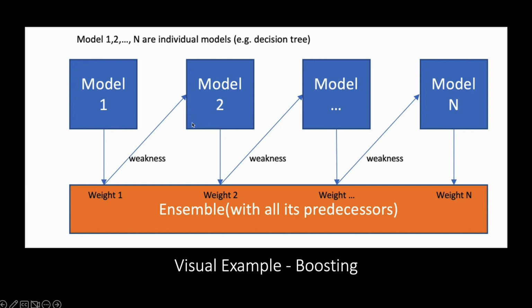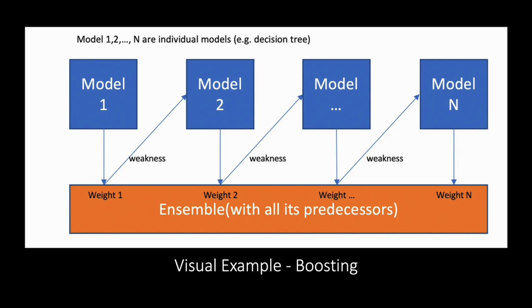Similarly for model 2, and we'll add all of these. So how will the equation look? Equation will look like model 1 times its weight, plus model 2 times its weight, plus model 3 times its weight. So it's taking a weighted average or weighted sum to do its final prediction. And this is true both in classification as well as regression settings.